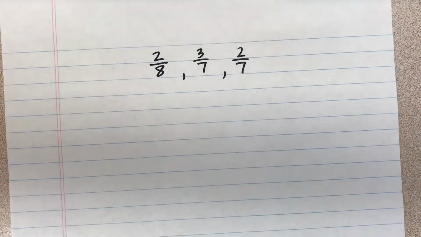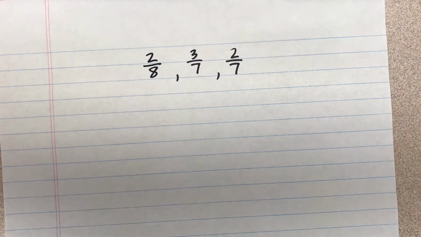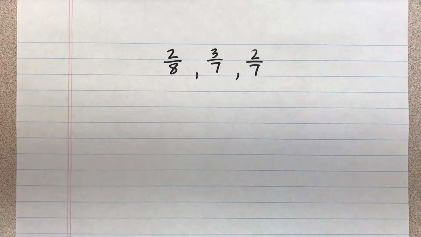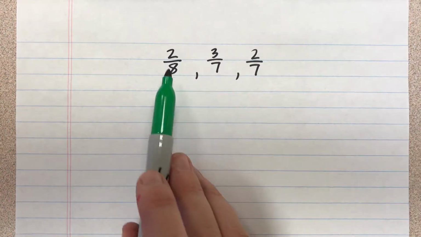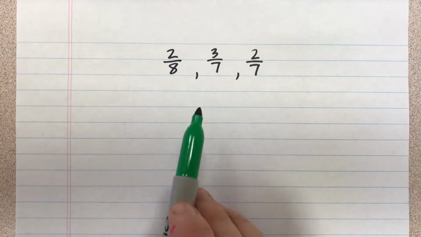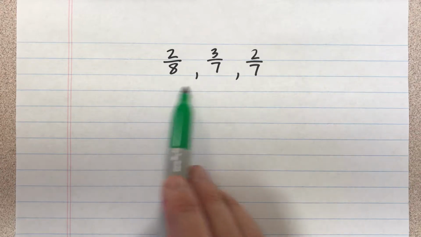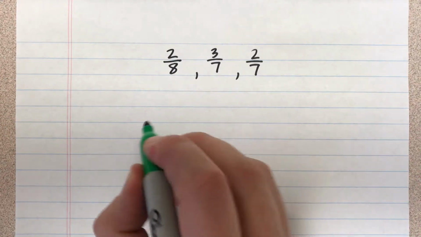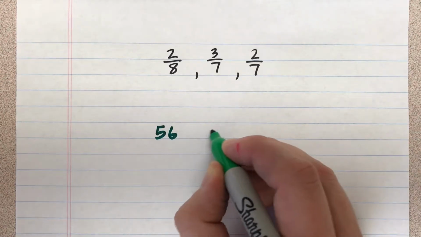So my best case scenario here is just going to be finding a common denominator. I can tell 8 times 7 is going to give me a denominator that's going to fit into all 3 of these. All right, so I'm going to use 56 as my denominator for all 3 of these.